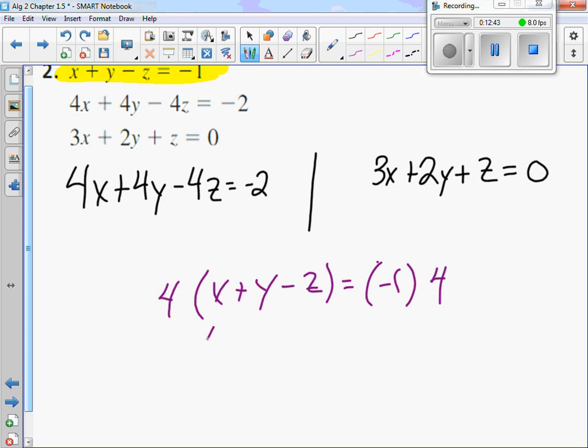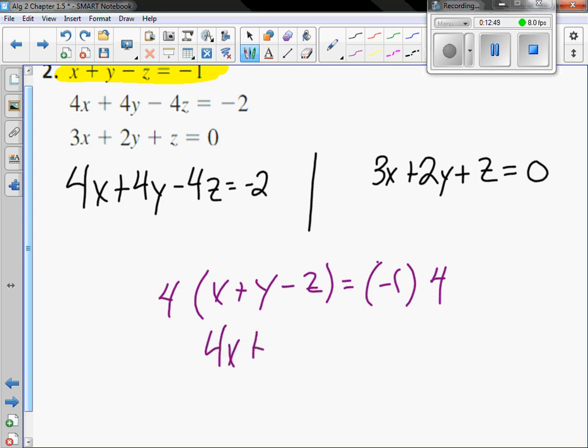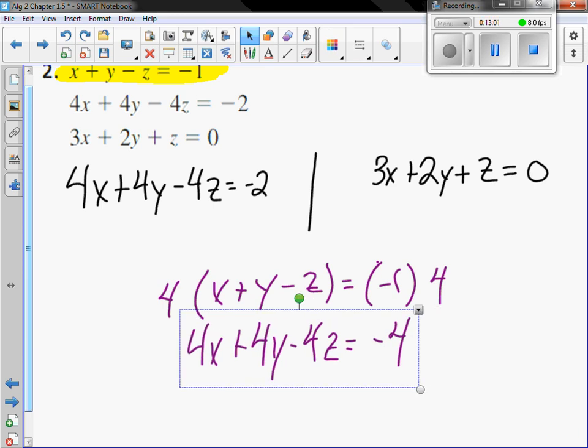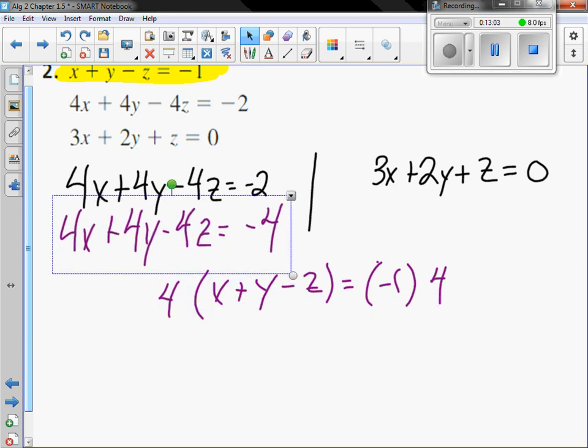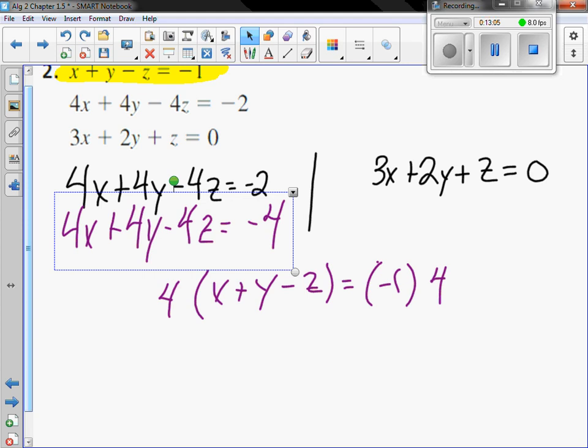Well, 4 times x is 4x, then we have plus 4y minus 4z equals -4. And then I'm going to move that on up there. Any questions on this here so far? We good with this here?